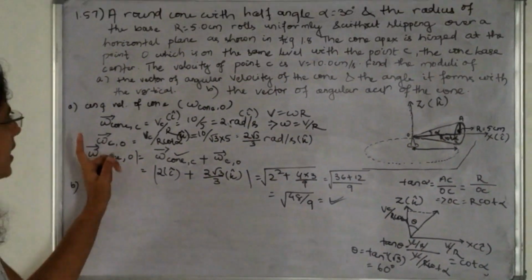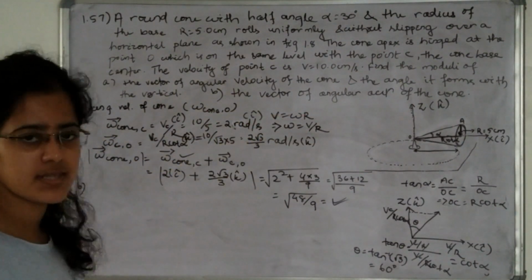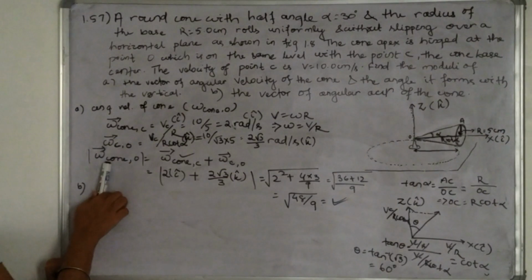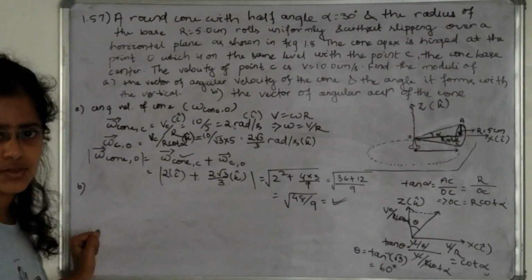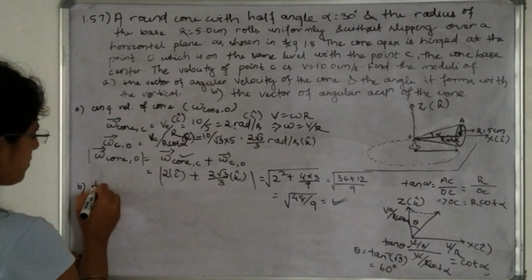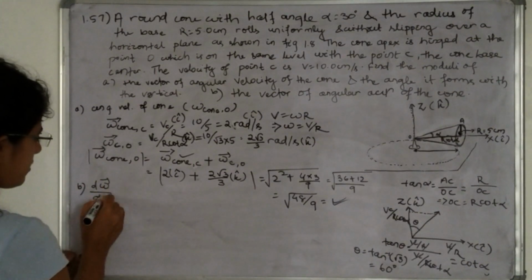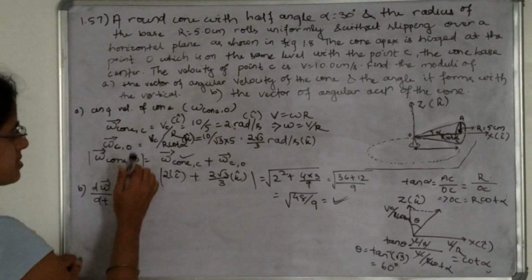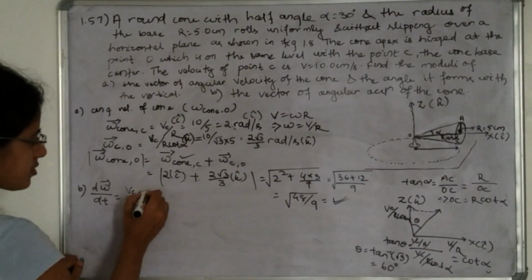Okay. Next we have to find the vector of angular acceleration of the cone. How to find the angular acceleration? Simply differentiate this angular velocity with respect to time. So alpha is equal to how much? D of this divided by dt, where Vc divided by R is constant.